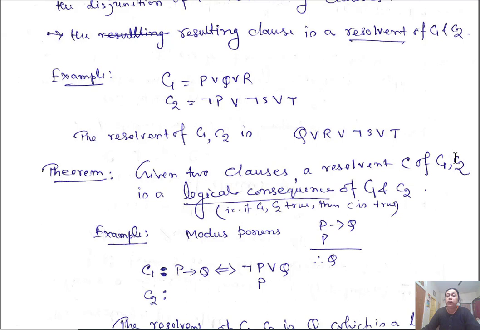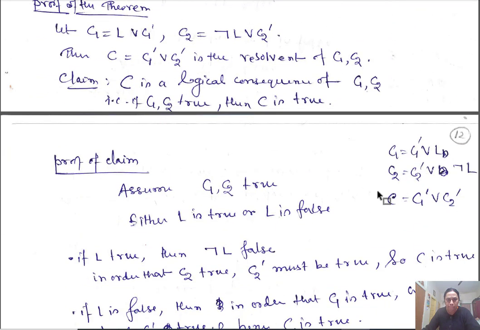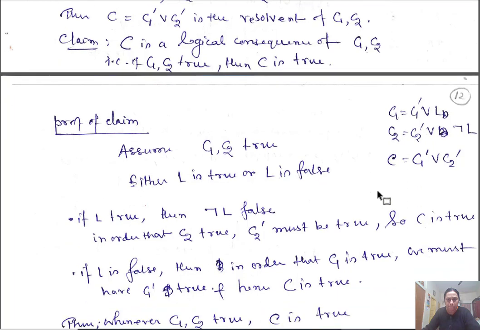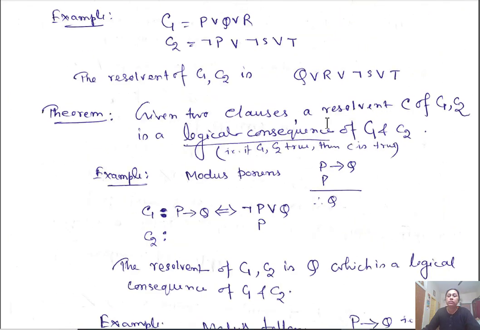It means that if C1 and C2 are true, then C is also true. So logical consequence means whenever C1 and C2 are both true, this resolvent C is also true.